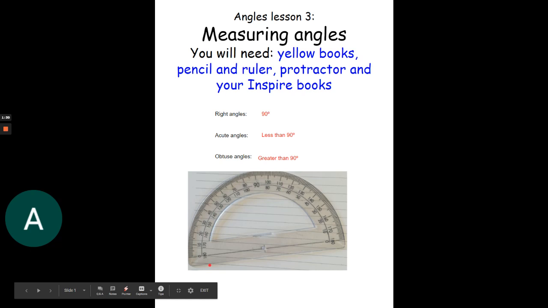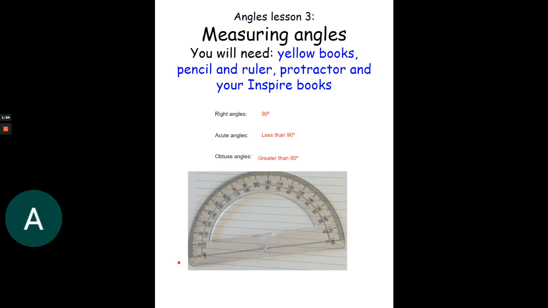I wonder if anybody knows why we stop at 180. So the degrees on a straight line add up to 180. We'll come on to that another time. But for now, you can see that you've got a scale on the outside and a scale on the inside. And we need to know which scale we are going to be using for the angles that we will measure today.